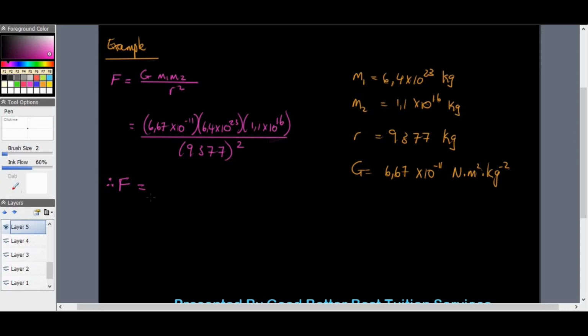6,67 times 10 to the negative 11. 6,4 times 10 to the power 23. 1,1 times 10 to the 16. Almost ran out of space for my calculator. 9,377 all squared. We get a massive number actually of 5,340361558.